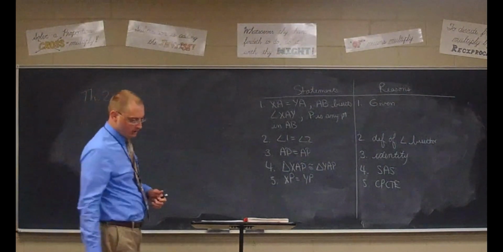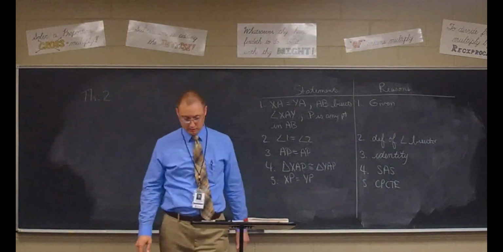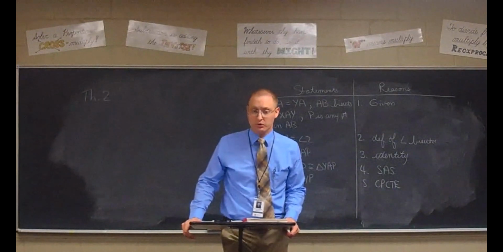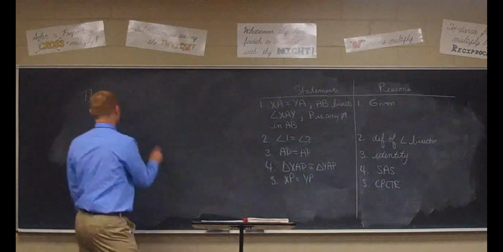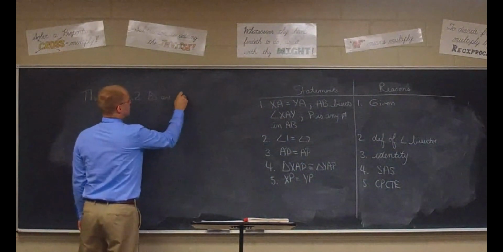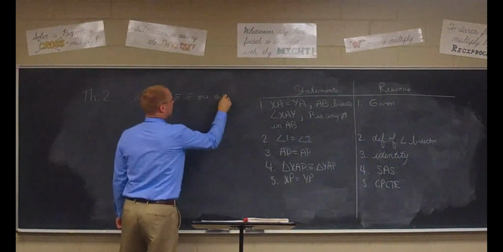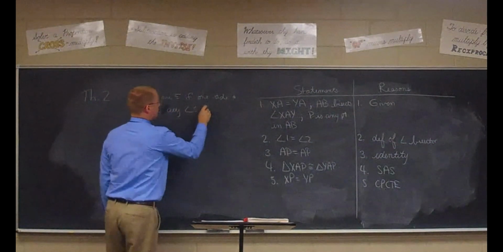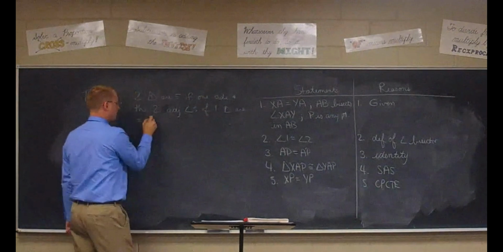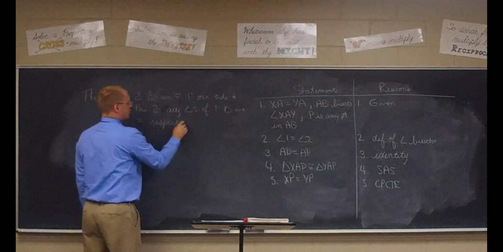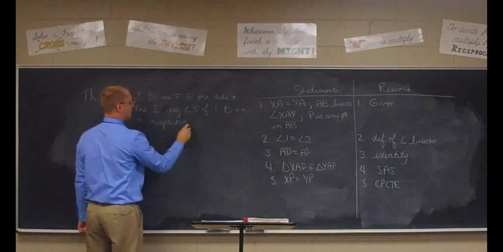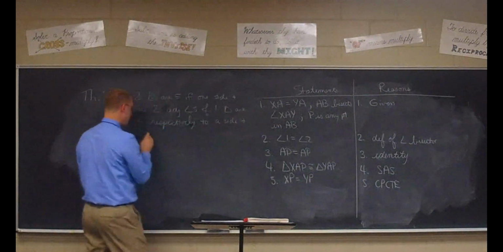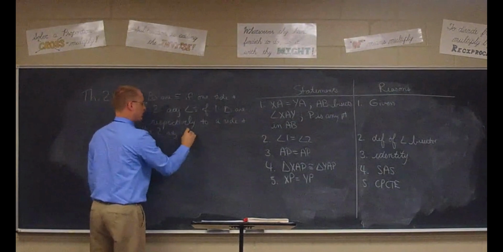Theorem 2 says this: two triangles are congruent if one side and the two adjacent angles of one triangle are equal respectively to a side and the two adjacent angles of the other.